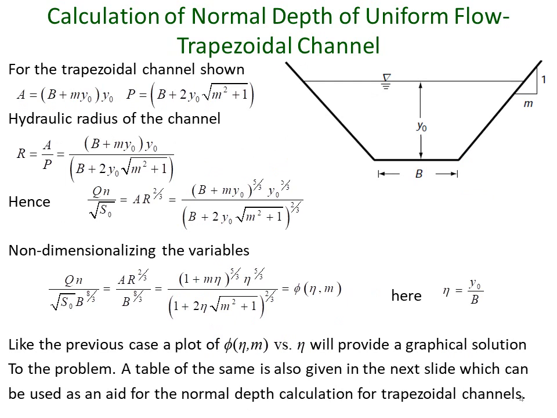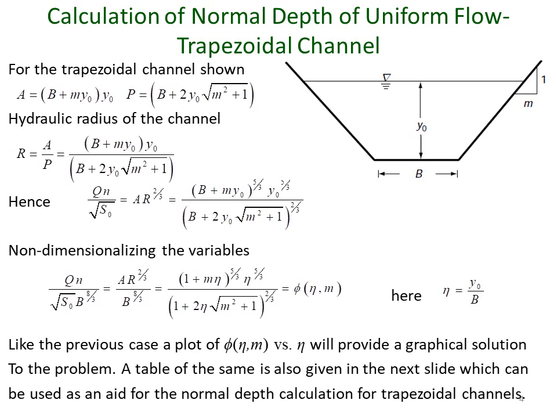So moving on from rectangular channel to trapezoidal channels. Here we try to calculate the normal depth of uniform flow for a trapezoidal channel.